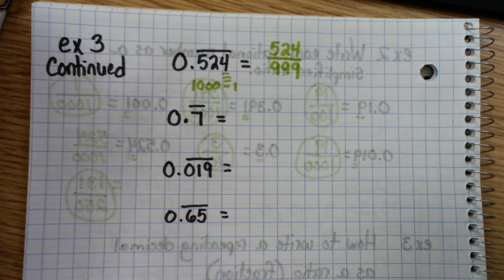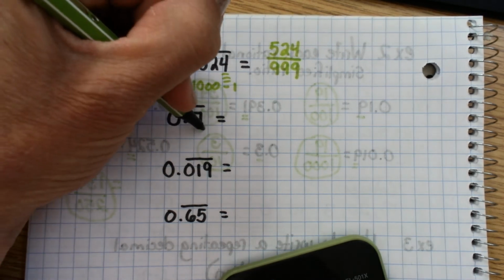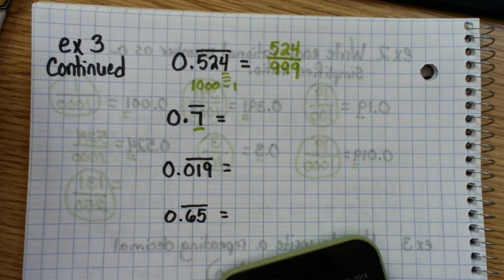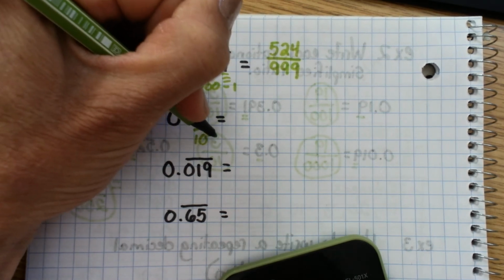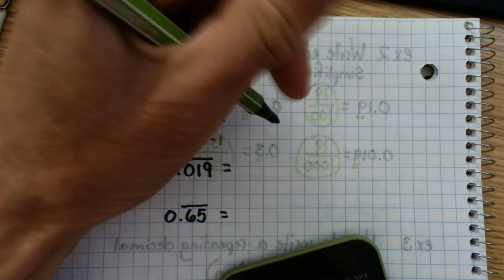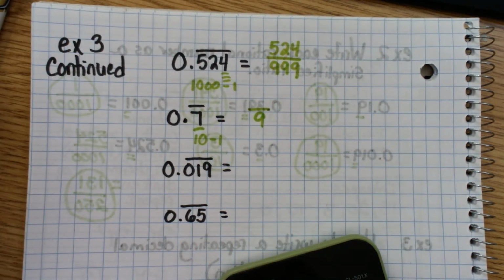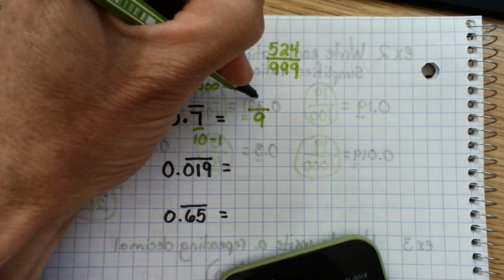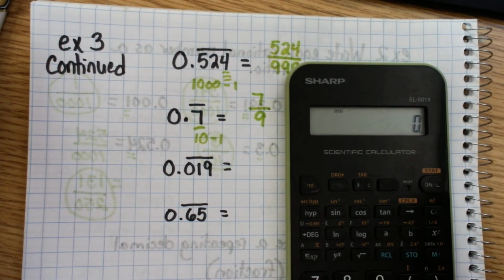Okay, next one. We have 0.7 with the repeatant. The last digit in the repeating section is in the tenths place. So we take the tenths place and we subtract 1, which is 9. And our numerator is 7. So now let's check our answer and do 7 divided by 9.